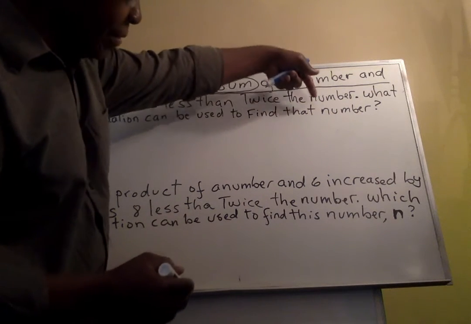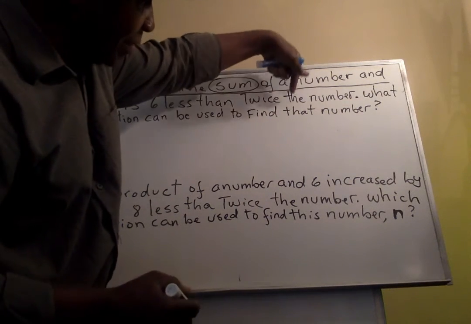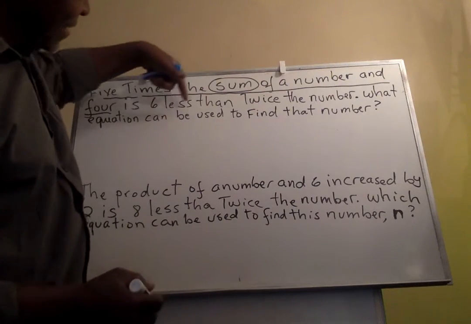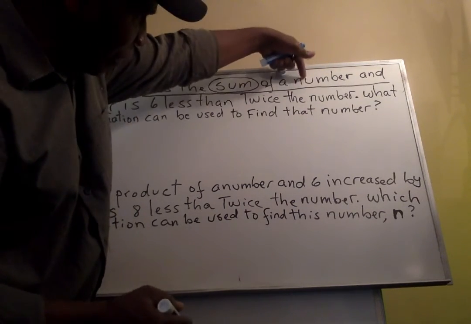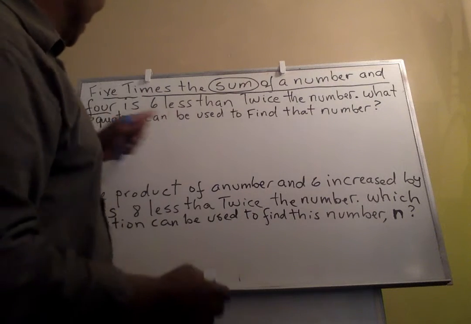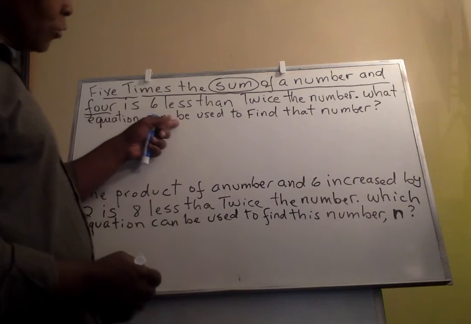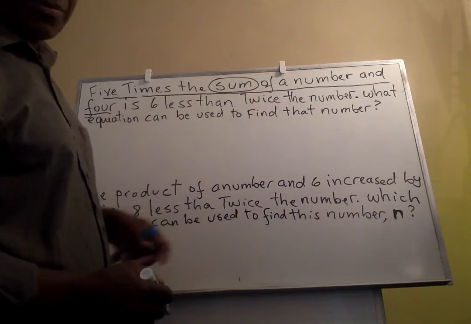The number is that same number you put there. So 6 less than twice that same number. What equation can be used to find that number?